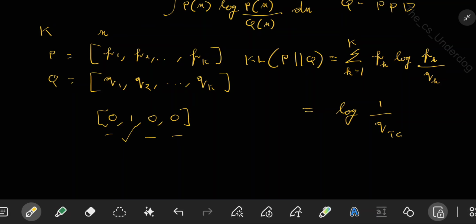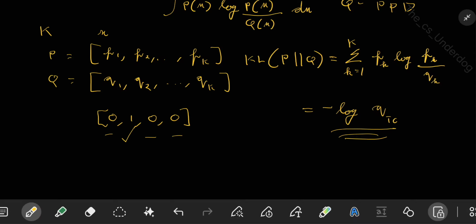This means corresponding to the true class, whatever be the value of q, that will only remain. What will happen if I take q to the numerator? This can also be written as q true class raised to minus 1. And this minus 1 comes out, then it becomes minus log qtc, or minus log of q true class. Now think back. This formula is familiar to you.